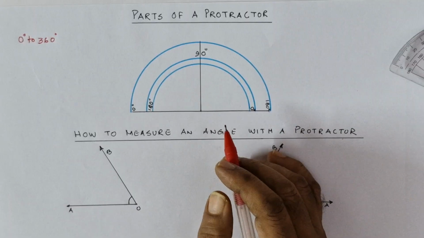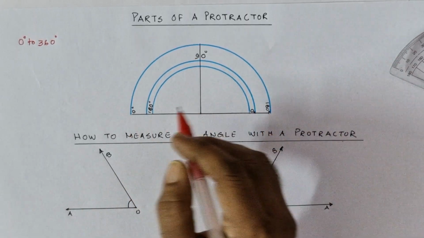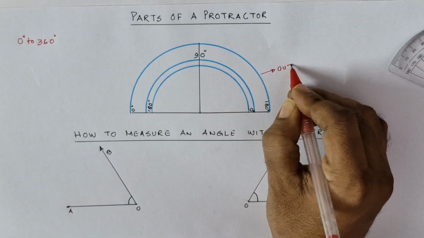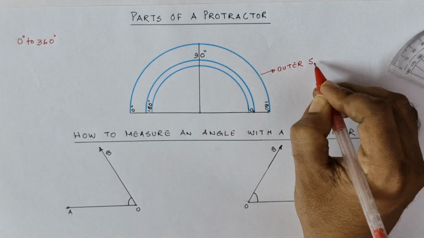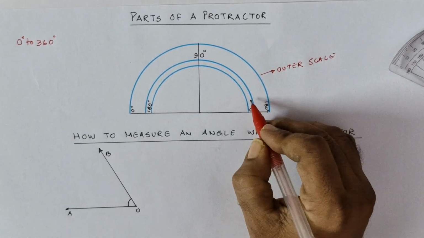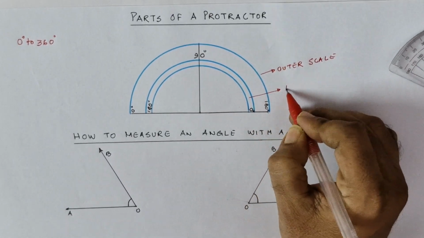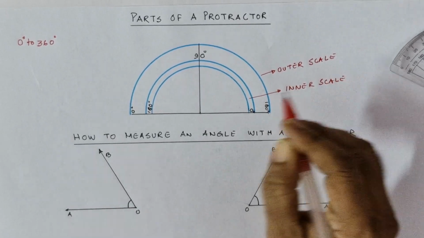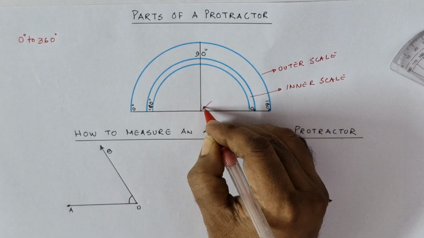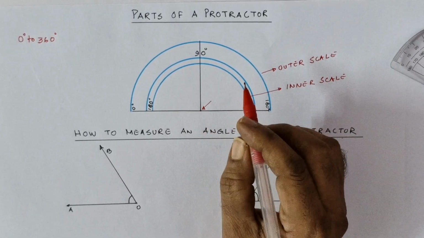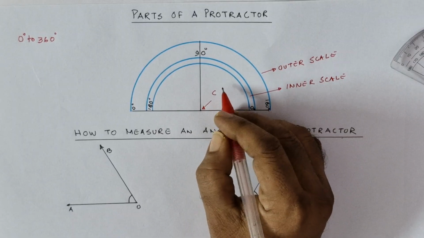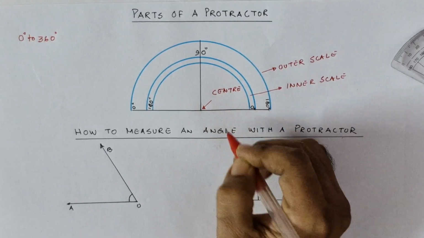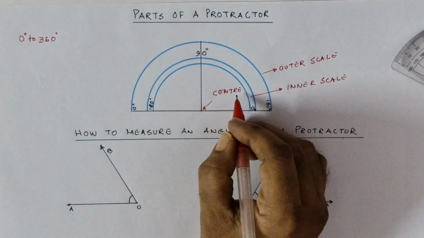So let's label it. Now this one will be the outer circle, the outer scale. This is the inner scale. This is known as the center of the circle, the center of the protractor.